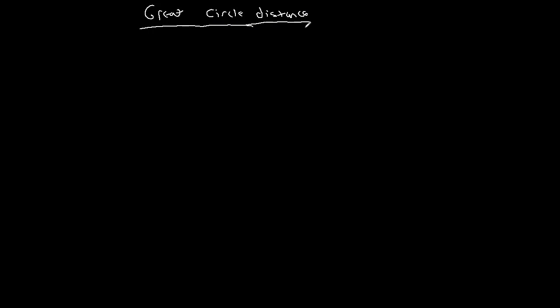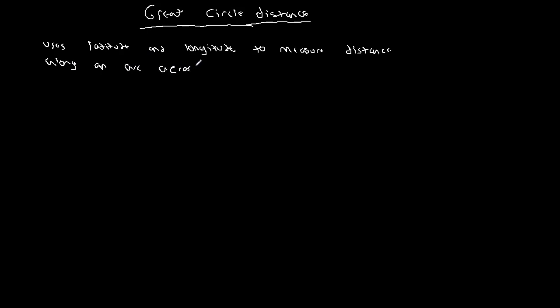So, Great Circle Distance takes in inputs of latitude and longitude, to measure distance along an arc across the surface of a sphere.